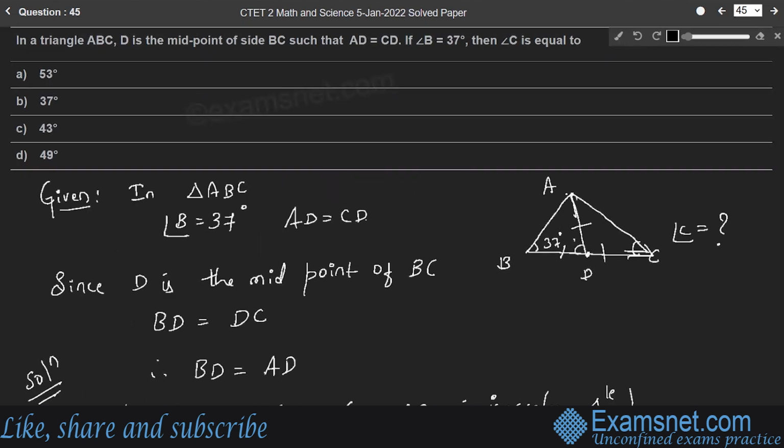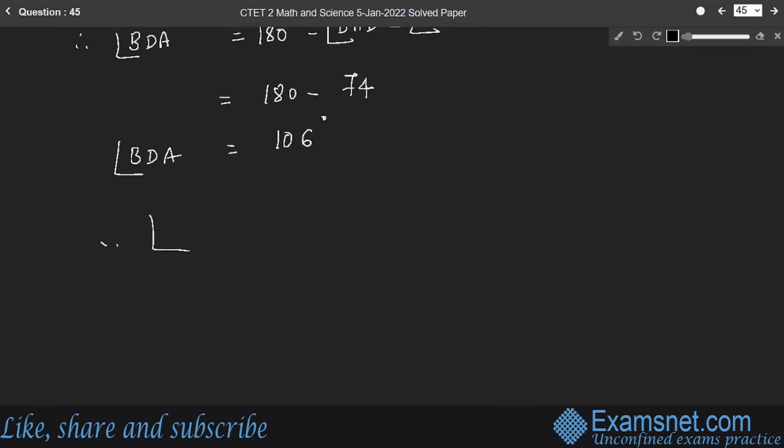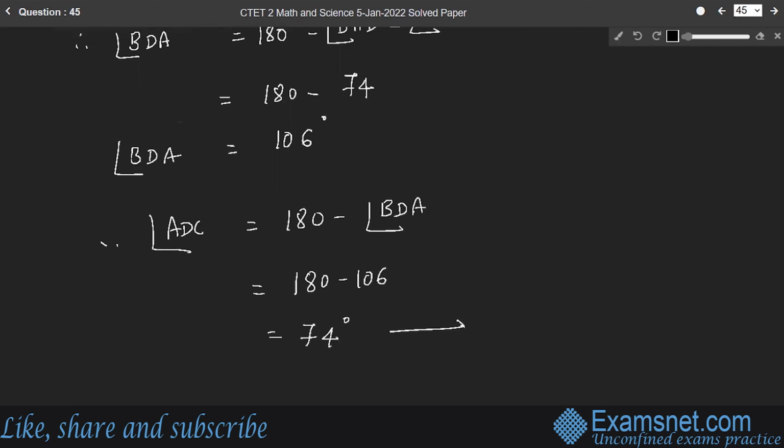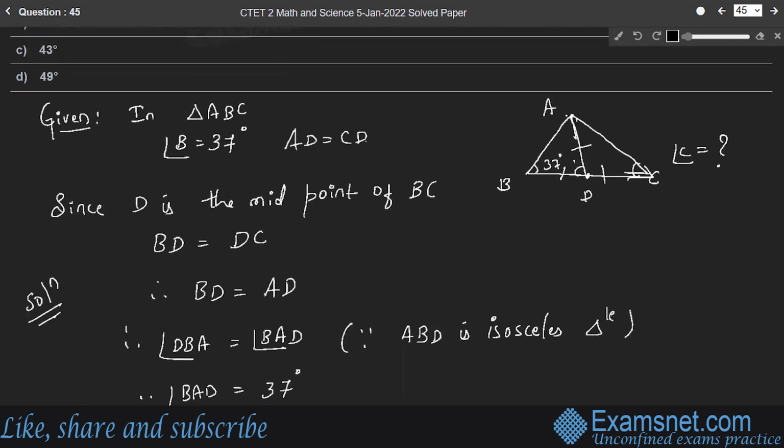Therefore, angle ADC is equal to 180 minus angle BDA because they are supplementary angles. 180 minus 106, which is equal to 74 degree. Angle ADC, this angle, right? Again, ADC triangle is an isosceles triangle. Therefore, angle C is equal to angle DAC, right?